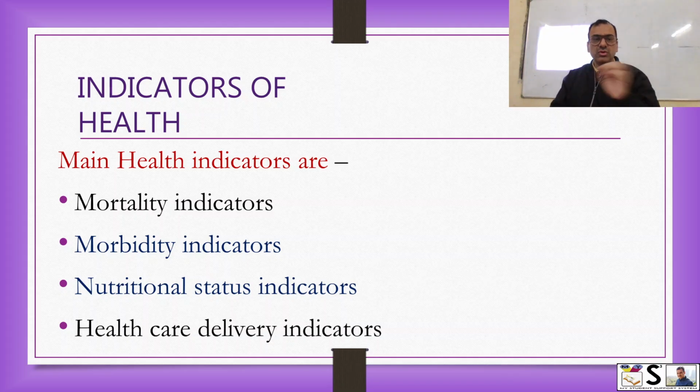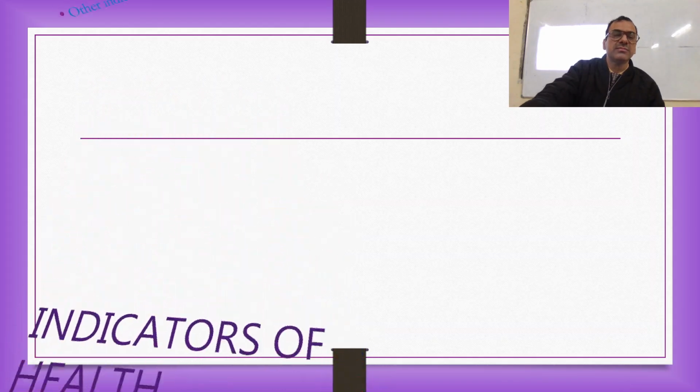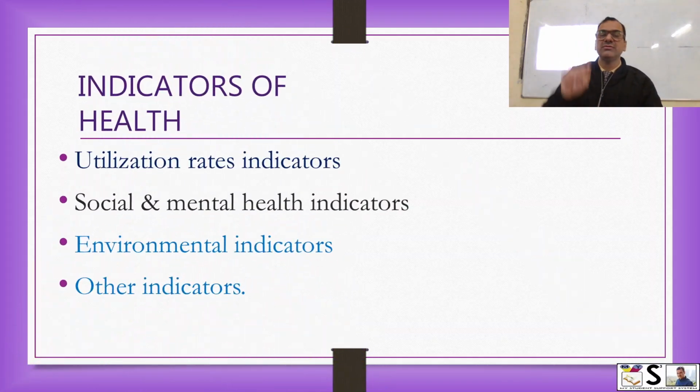Now we should know the main health indicators. The main health indicators are the mortality indicators, which show the rates of deaths, then morbidity indicators, which show the rates related to diseases, nutritional status indicators, healthcare delivery indicators, utilization rate indicators, social and mental health indicators, environmental indicators and other indicators. Okay, so under these headings we will discuss this topic.